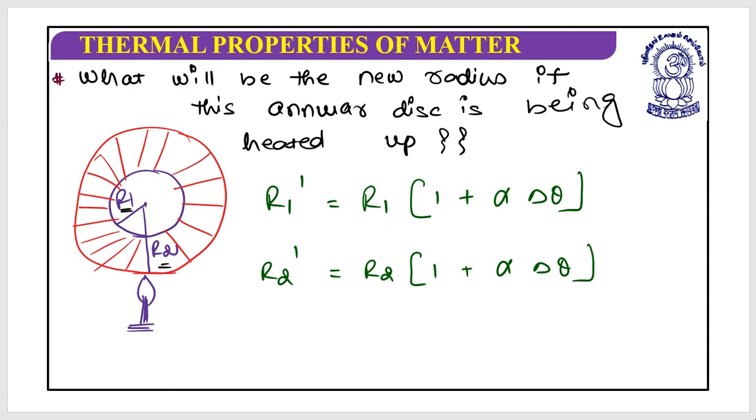So this is the situation for R1 dash and R2 dash. Both are going to increase and nothing is going to decrease. So the annular disk will increase its dimensions and both the radii will increase.